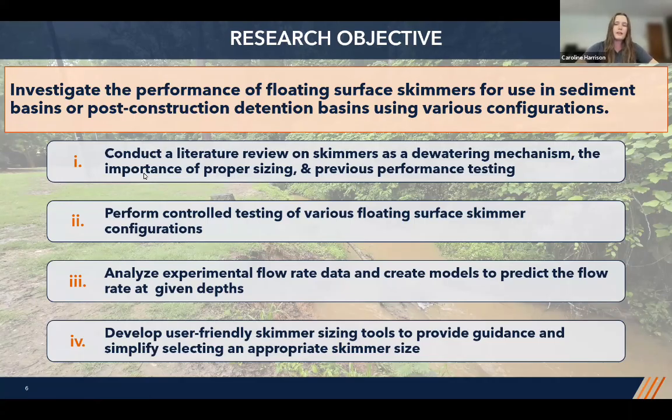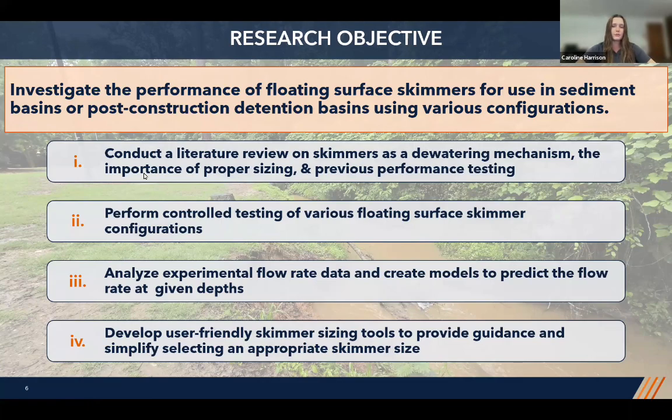This was completed in 4 tasks. The first task was to conduct a comprehensive literature review on skimmers as dewatering mechanisms, the importance of properly sizing skimmers for those applications, and also assessing previous performance. The second task was to perform controlled testing of various floating surface skimmer performance at the Auburn University Stormwater Research Facility.